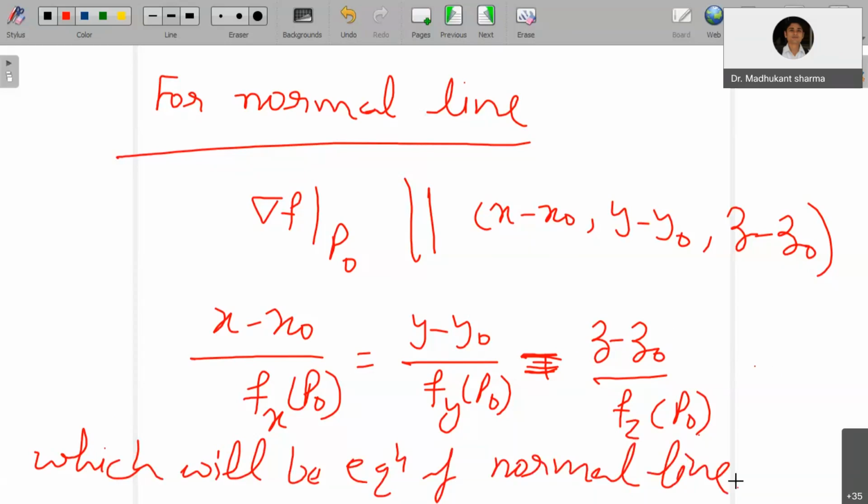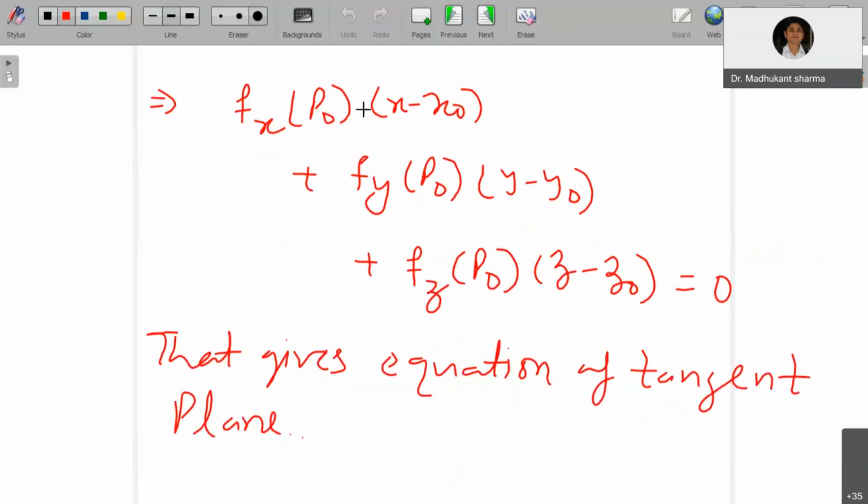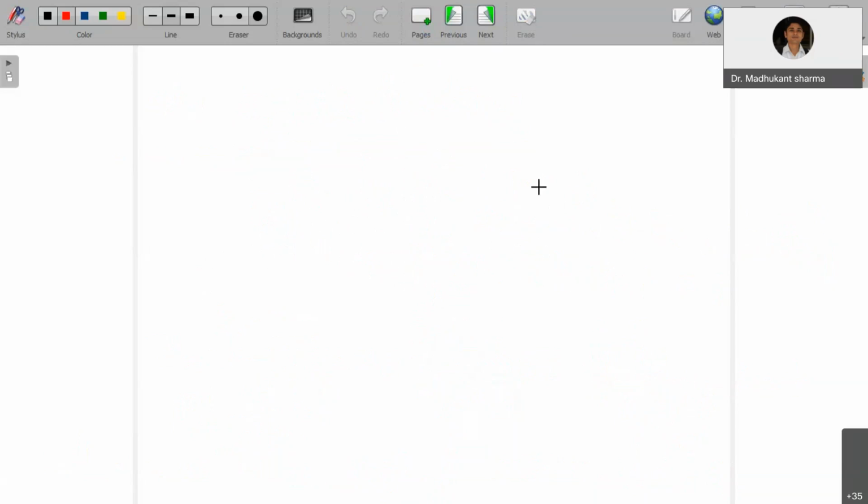Any plane, or any line, you can generate a plane. Any vector which is perpendicular to this, you have to look at the plane where, in other words, what you are trying to do on the surface.